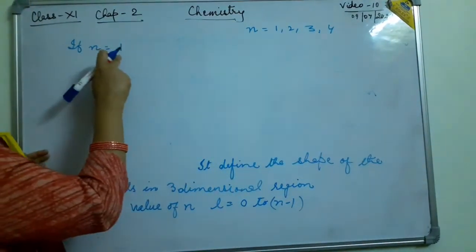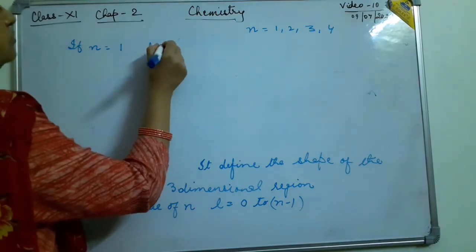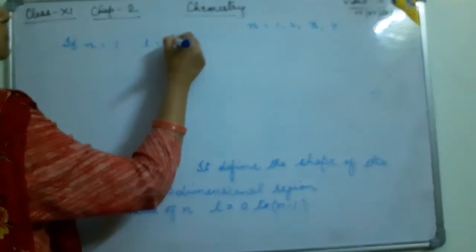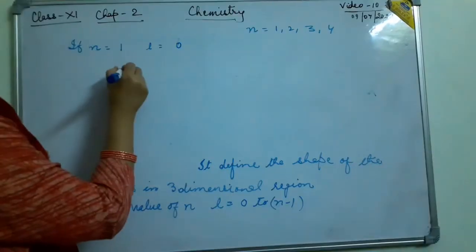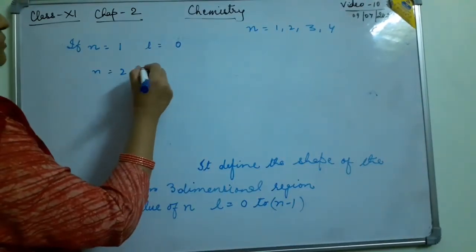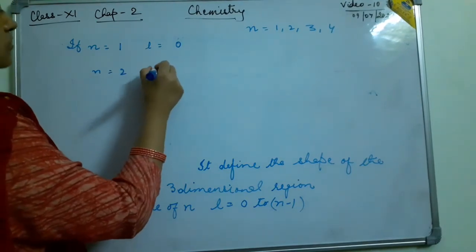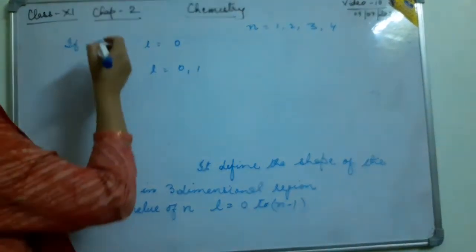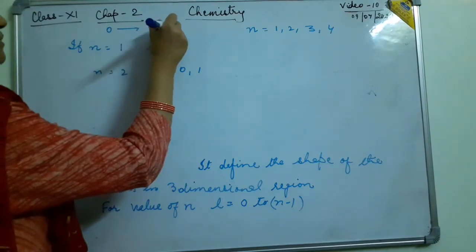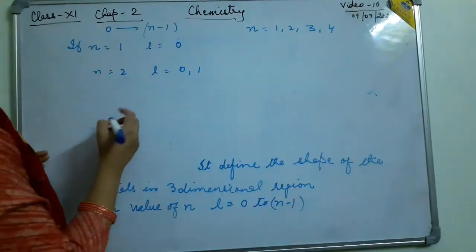If n equal to 1, then L equal to 0. If n equal to 2, then L equal to 0 and 1.